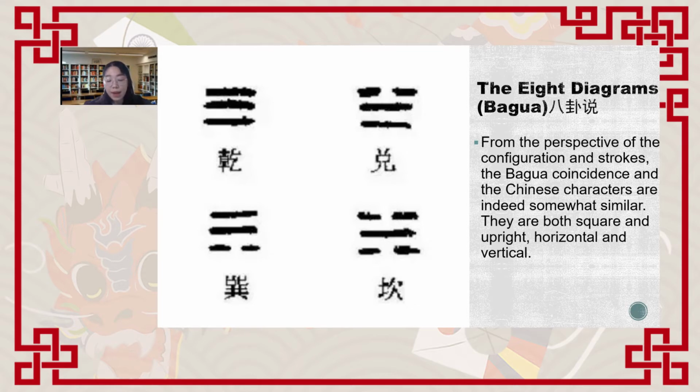Therefore, they believe that the origin of some Chinese characters may indeed be related to Bagua conformations, and it's likely that it was inspired by the Bagua conformation that humans in ancient times created more conformations, for example, earlier scripts, to express their source.